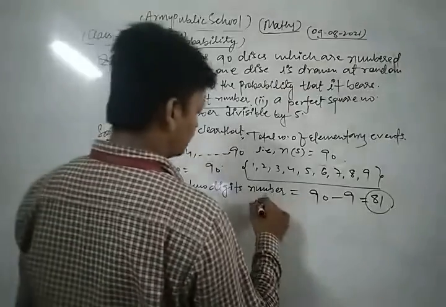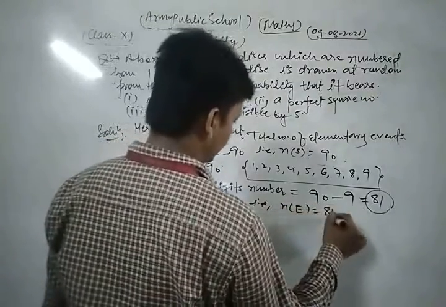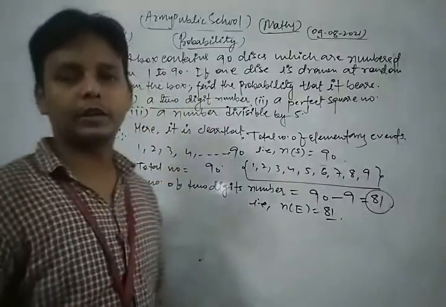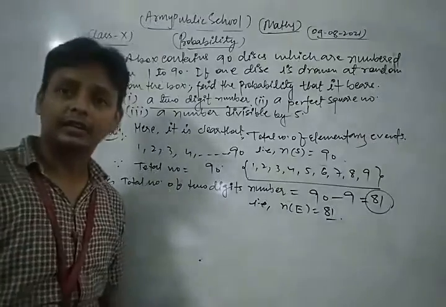So the number of favorable outcomes is 81.